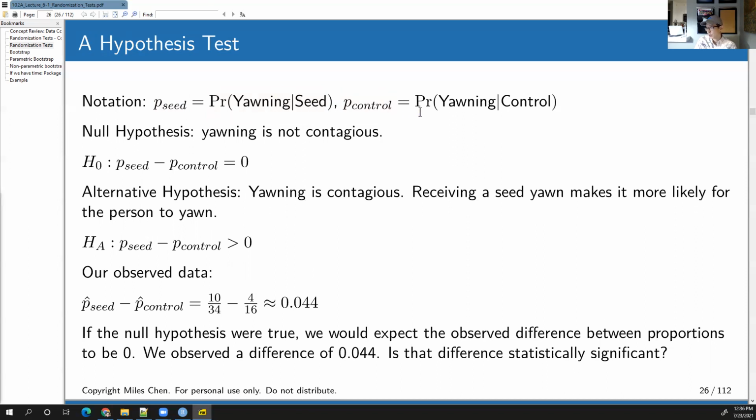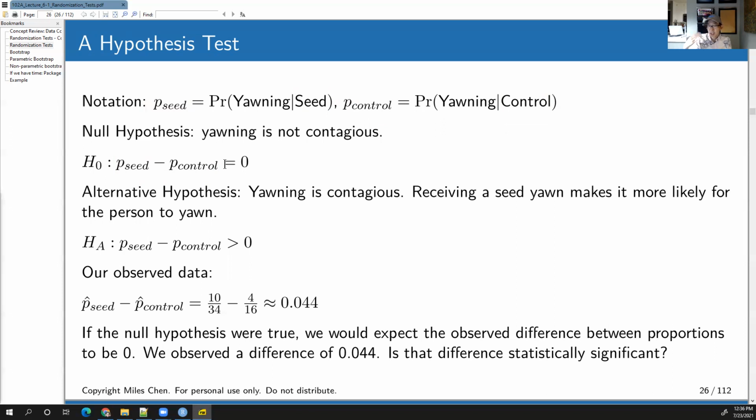The control proportion is the probability that someone yawns if they were in the control group, where they didn't see somebody yawn. The null hypothesis is that yawning is not contagious, that these two proportions are the same, that there's no difference. Because if there's no difference between the seed group and the control group, we would expect the probability of yawning to be the same. The alternative hypothesis is that yawning is contagious.